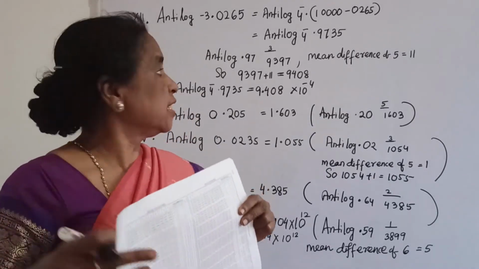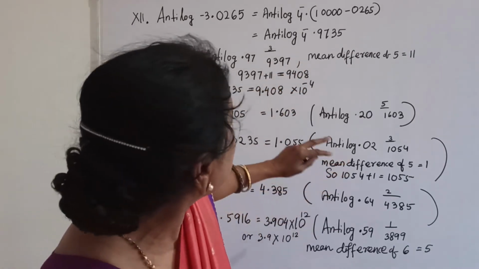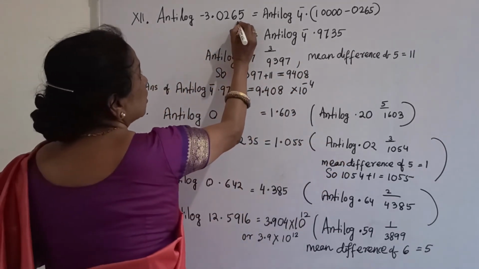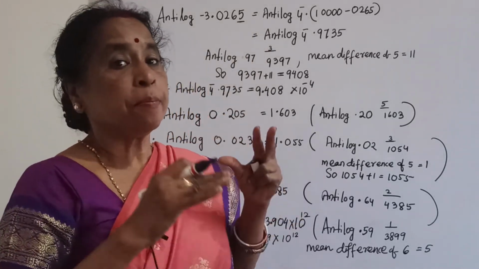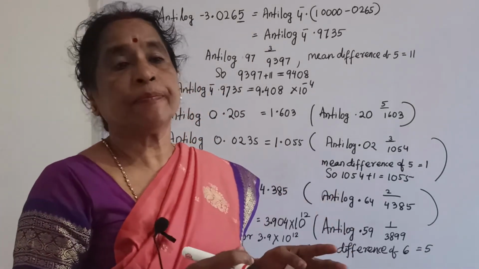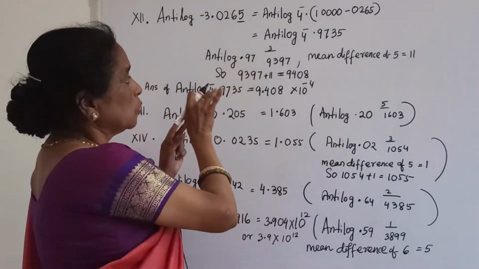After that, the other digit there is 5. So you should see the mean difference of 5 in the line 0.97.